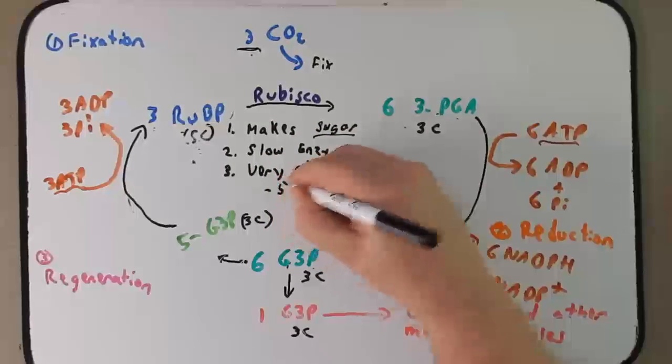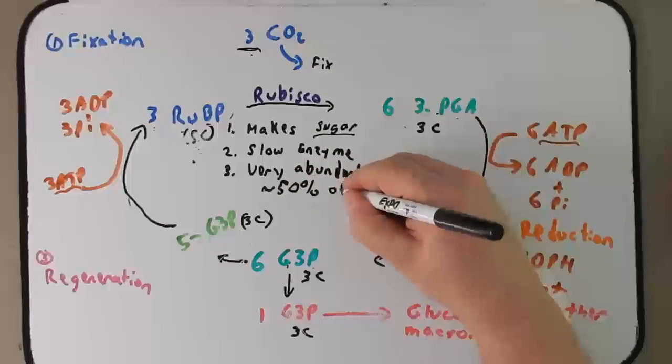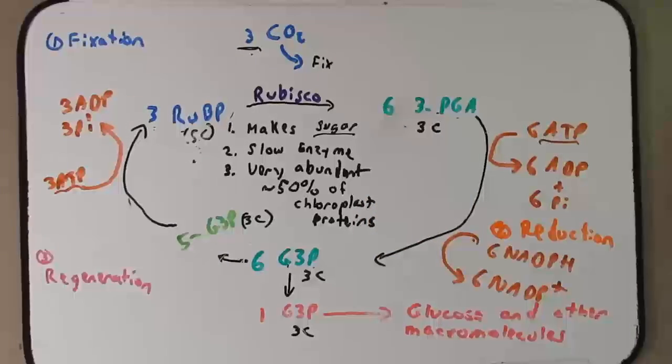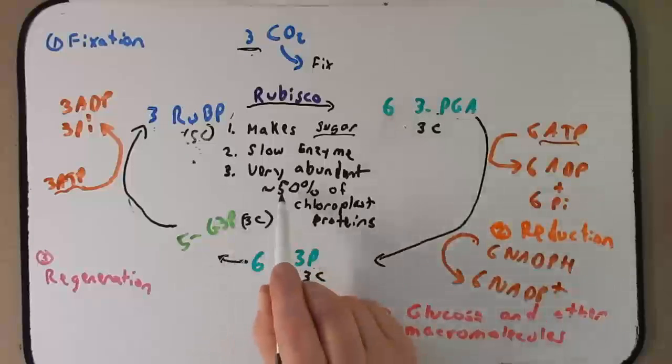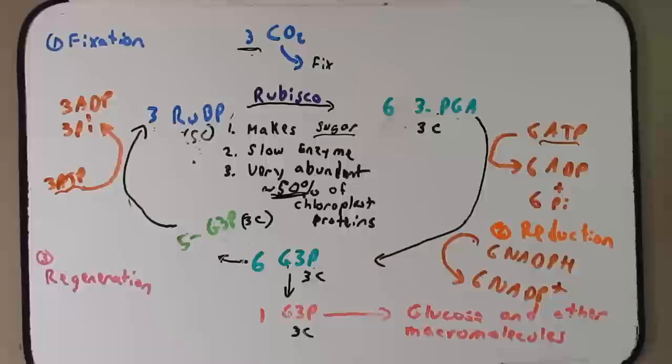It makes up about 50% of chloroplast proteins. If you recall, all the different enzymes and proteins that are necessary in the light reaction, in the Calvin cycle, not to mention all the other processes that are occurring in the chloroplasts, this one enzyme makes up about 50% of it. That's one way that we can keep this reaction going.